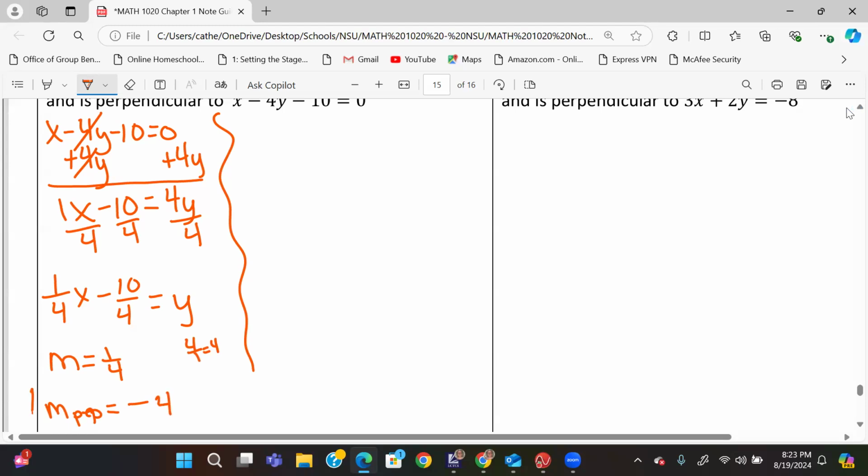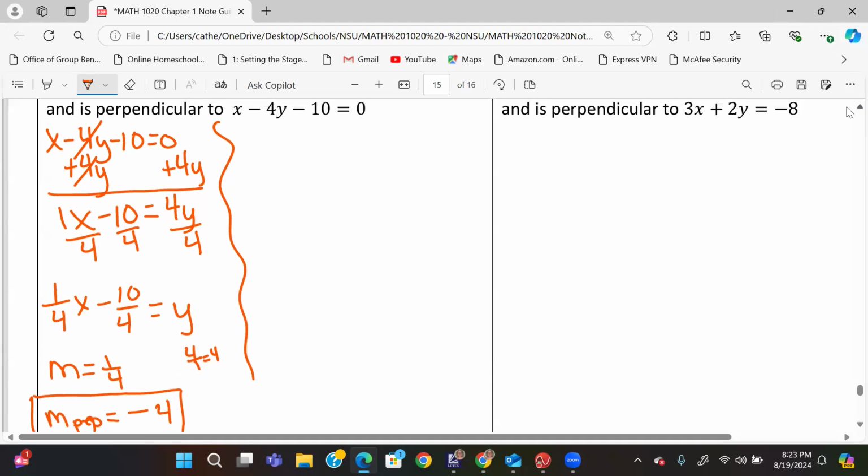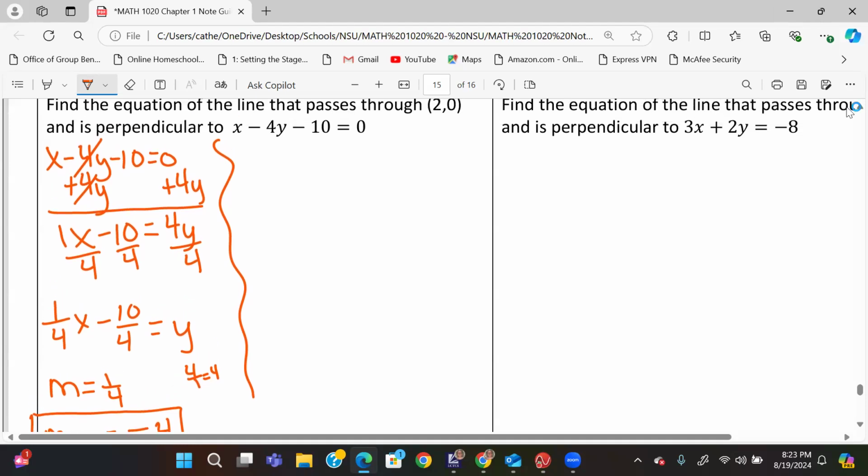So the slope that we're going to use is the perpendicular slope, which is the opposite sign and the reciprocal. So it's going to be negative. Then we have a point. So let's plug that in point slope. So y minus y1 equals m times x minus x1.